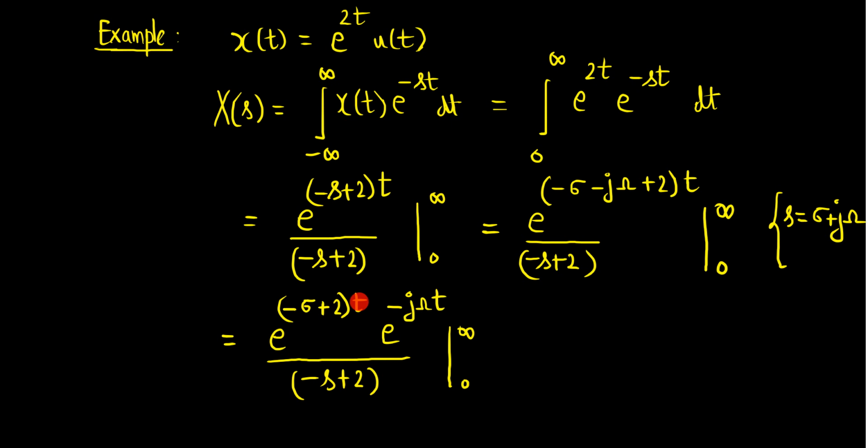Now this expression is going to converge only if the factor in the parenthesis, that means minus sigma plus 2, is negative. If that is negative, then only this expression is going to converge, because in that case the expression would be 1 upon 2 minus s, or minus s plus 2.